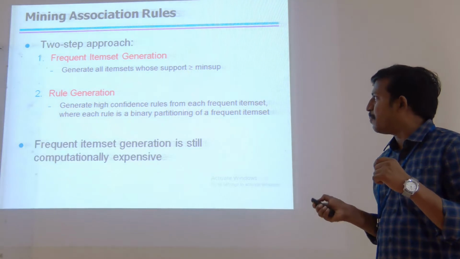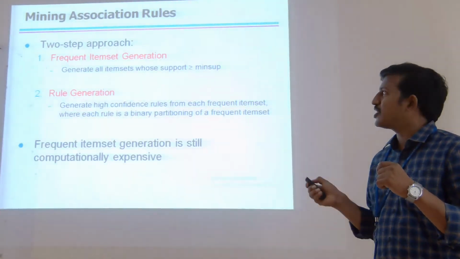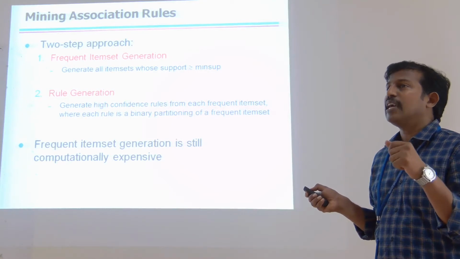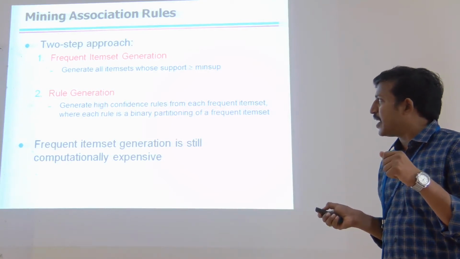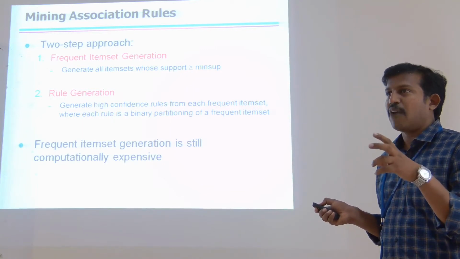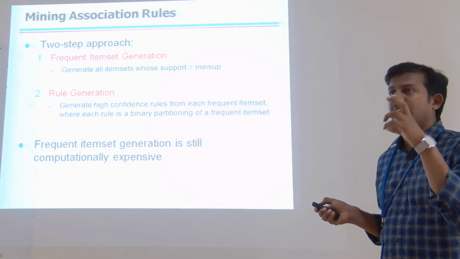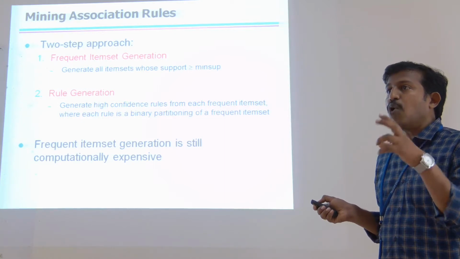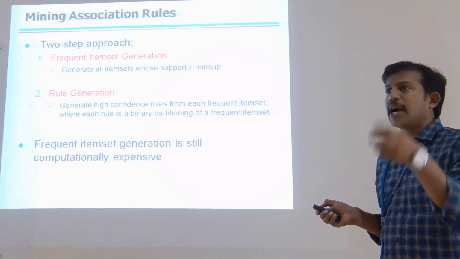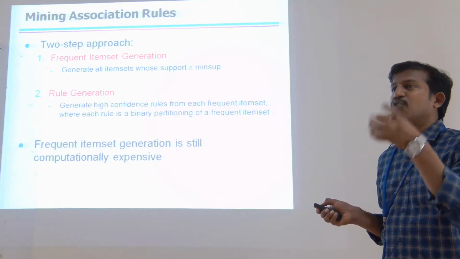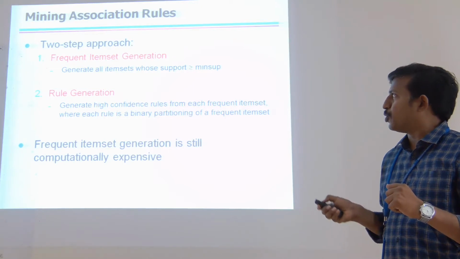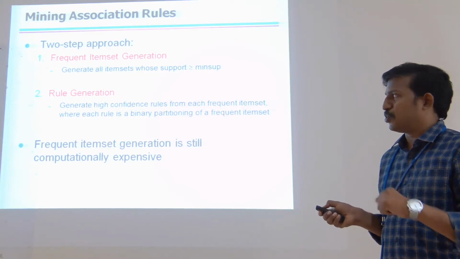In the second step we use confidence: we compute confidence for each association rule from binary partitioning of an item set. Then we pick only the high confidence association rules. Clear? This is the two-step approach for mining association rules.